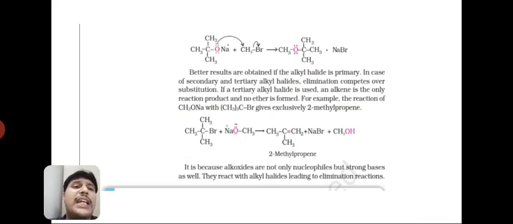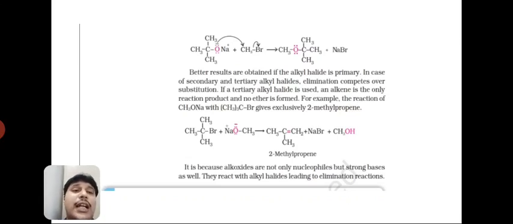Now in case of secondary and tertiary alkyl halides, elimination competes over substitution, and if a tertiary alkyl halide is used, an alkene is the only reaction product and no ether is formed. For example, the reaction of sodium ethoxide with (CH3)3CBr. The IUPAC name of this compound is 2-bromo-2-methylpropane, so it is a tertiary alkyl halide.